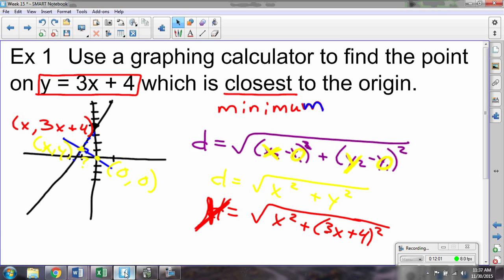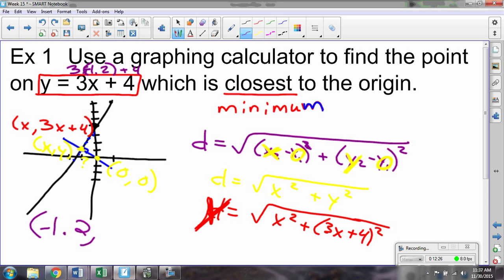Thus, answer the question: find the point which is closest to the origin. We had an x value of negative 1.2, and the y value on that line, 3 times negative 1.2 plus 4, so negative 3.6 plus 4 is 0.4.